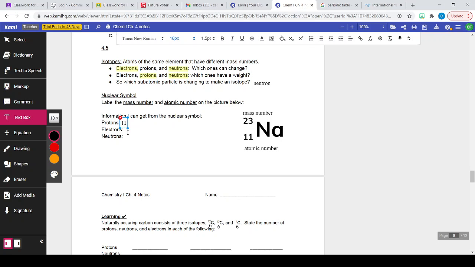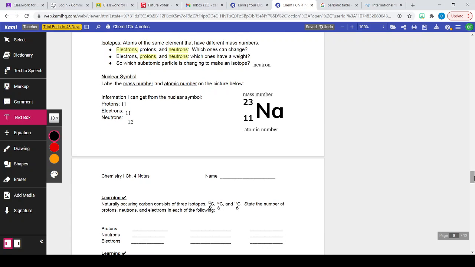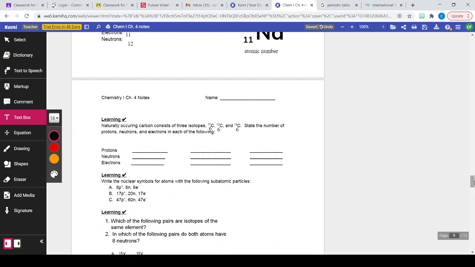And if I have 11 positive protons, I'm going to have 11 negative electrons. Now neutrons, I'm going to subtract mass minus atomic number, 23 minus 11, and that gives me 12. So that is how I can figure out my protons, electrons, and neutrons based off of this nuclear symbol. And they're all written the same.